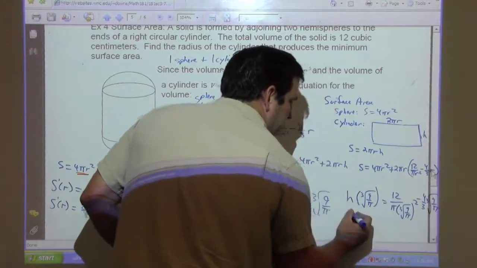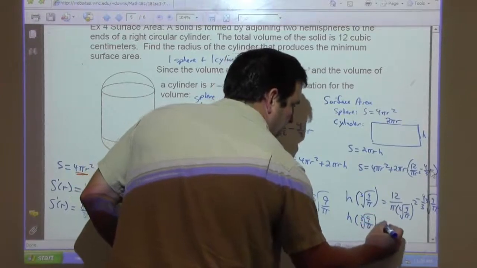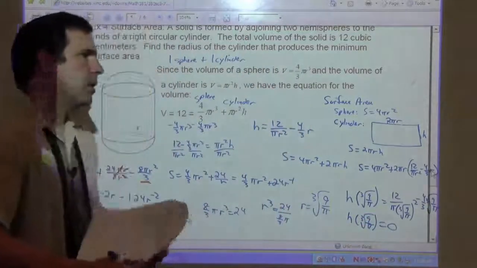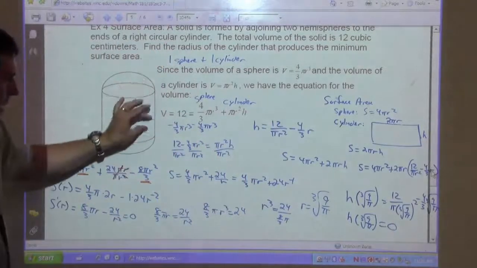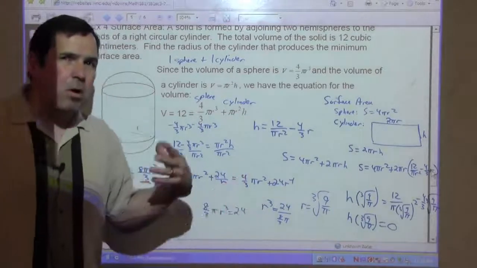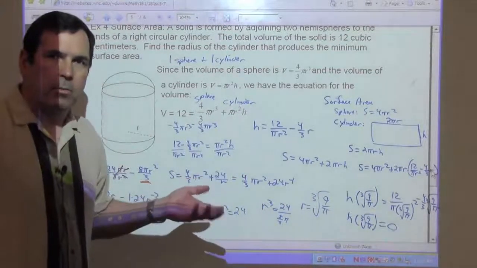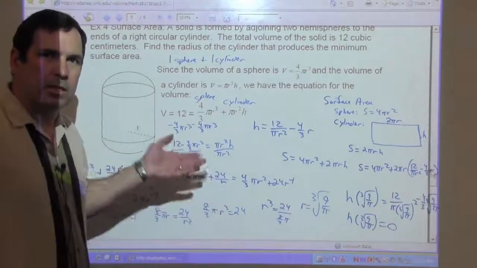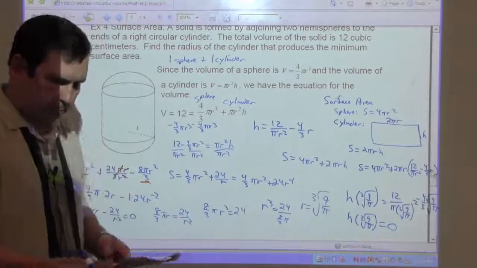This works out to be 0. So what we're talking about is the minimum surface area means that you have a height here of 0. And that kind of makes sense because the most efficient use of that space is going to be a sphere. So the most efficient use of this cylinder with hemispheres is not a cylinder at all, it's just a sphere.